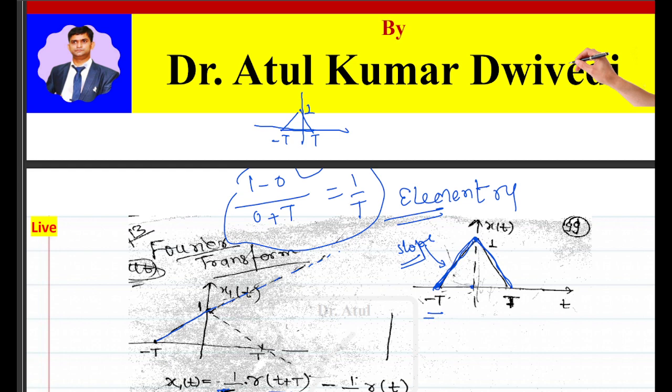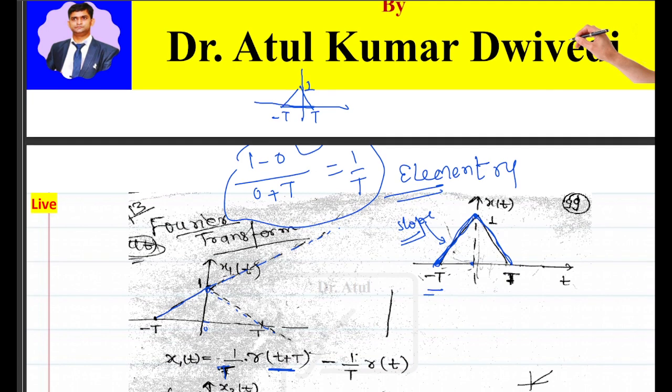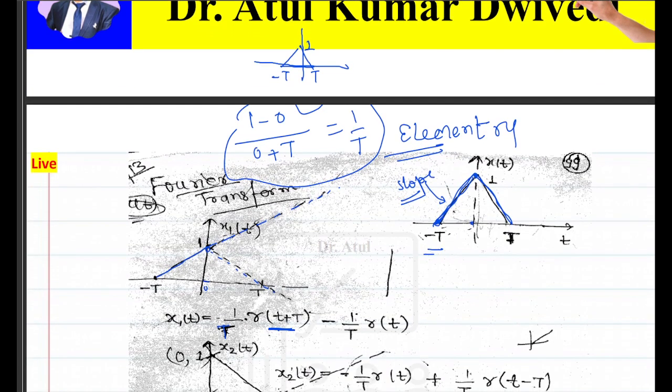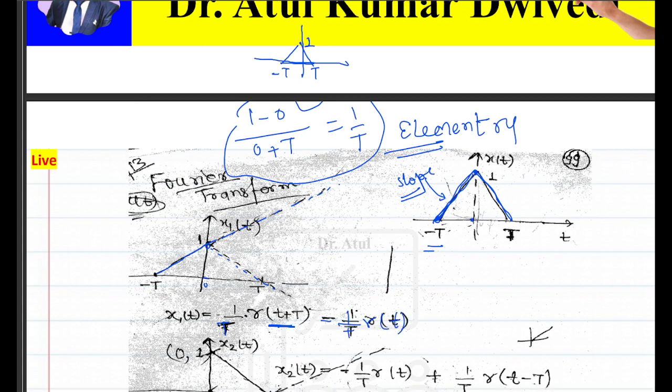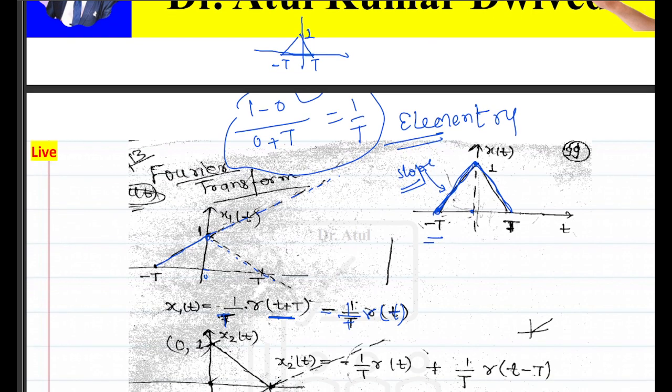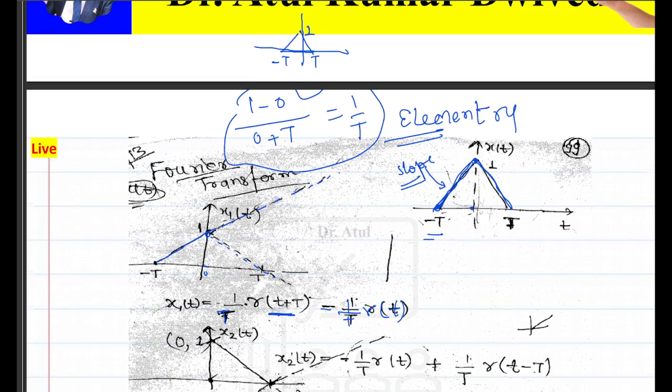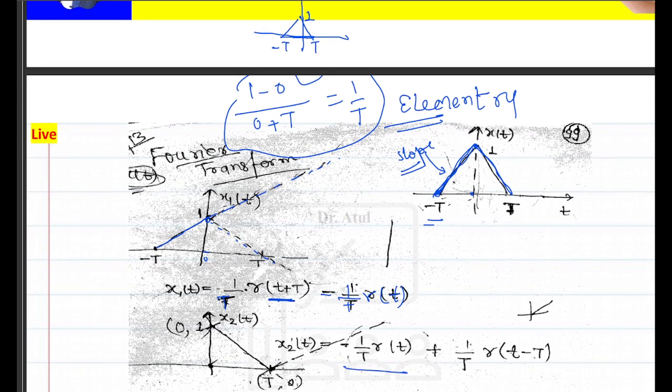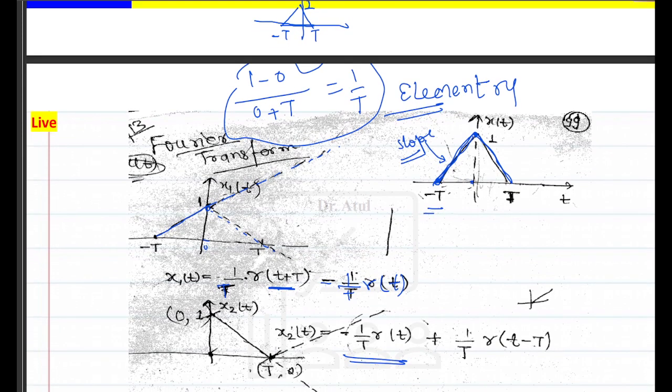But if I want to stop it at 0, I have to subtract a signal of equal slope originated at the origin, so I am subtracting 1 upon T r(t). Now there is one more part on the right side, which is again going down, so I have to again subtract 1 upon T r(t). And then I have to stop this here, so I have to add 1 upon T r(t minus T).